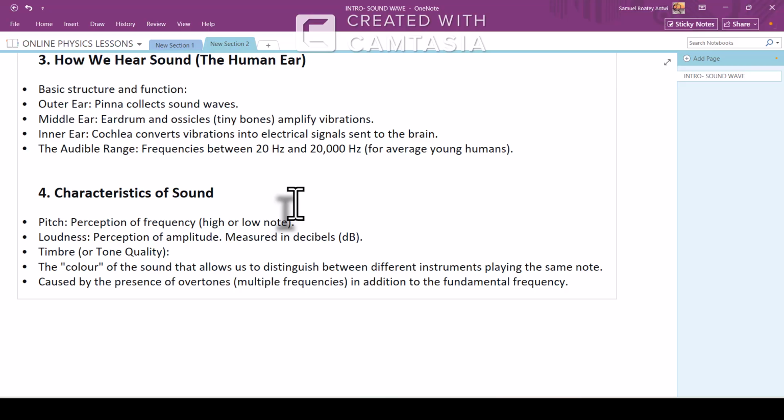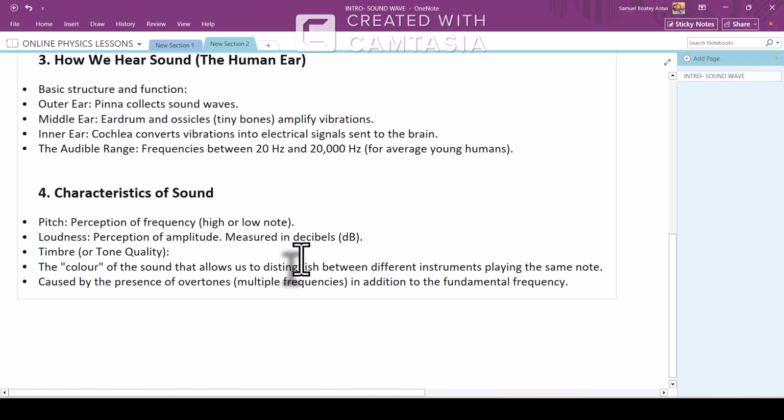All right. Then the timbre, or the tone quality, is a distinguishing feature of sound that allows us to differentiate, let's say, the same note played on different instruments.